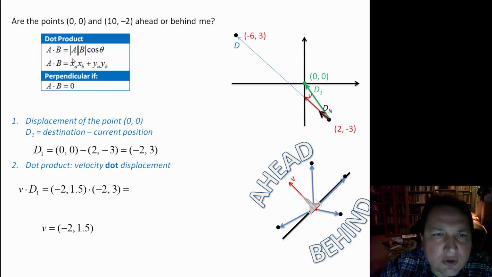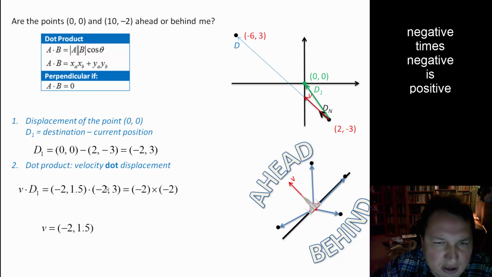We'll take this formula for fast calculation of the dot product, which is x of one vector times x of the other vector plus y of one vector times y of the other vector. So this is minus 2 times minus 2, 2 x's, plus 1.5 multiplied by 3.